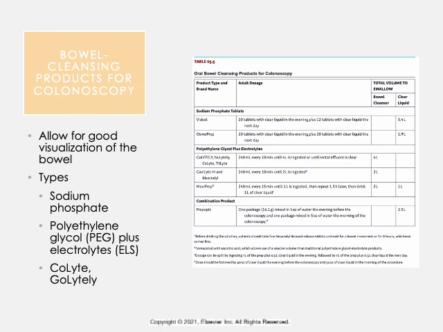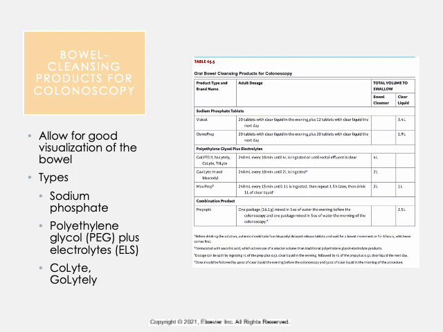And some of those risks are electrolyte abnormalities, renal impairment, and hypovolemia. Remembering that it is a drug that is hypertonic, so you will lose fluid, causing dehydration and electrolyte disturbances.